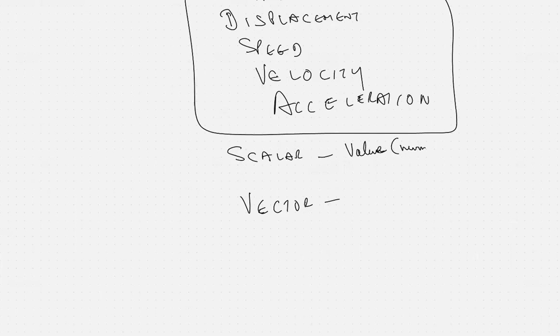Okay, so we say magnitude. When it comes to a vector, it has a magnitude, which tells the quantity, and it also has a direction.